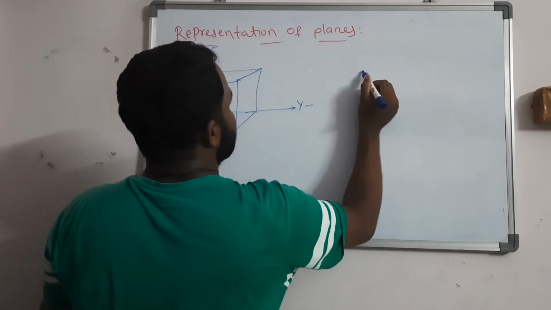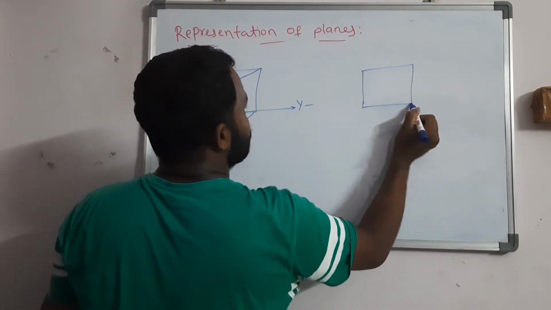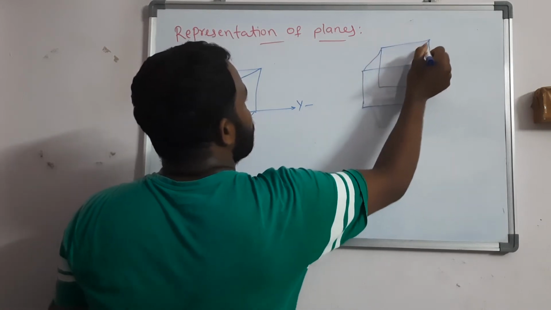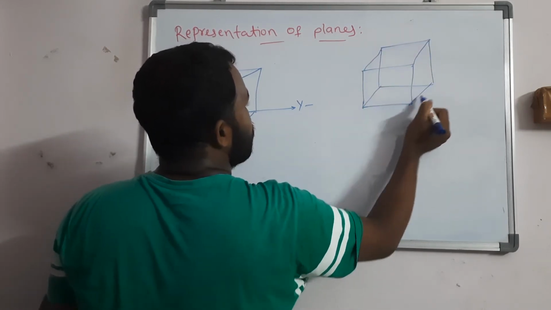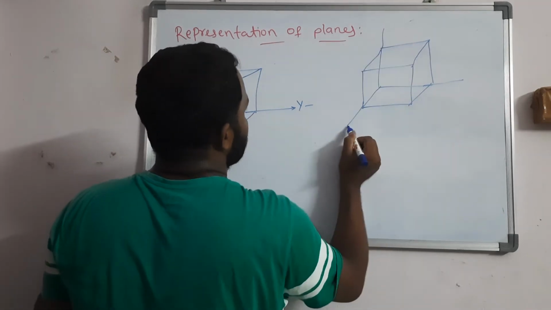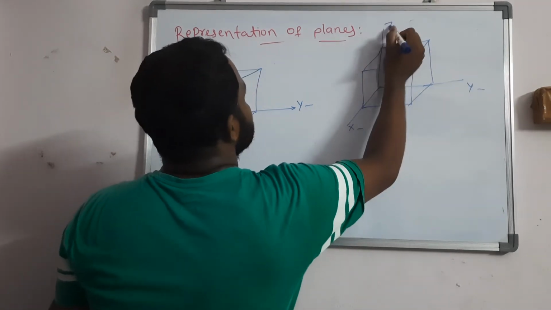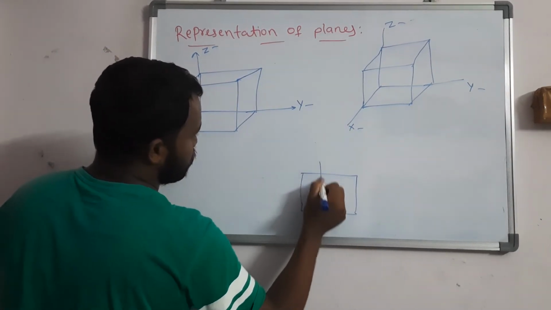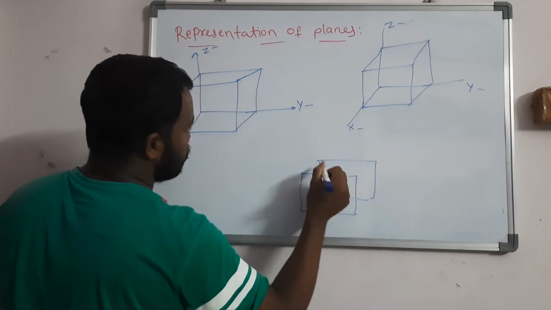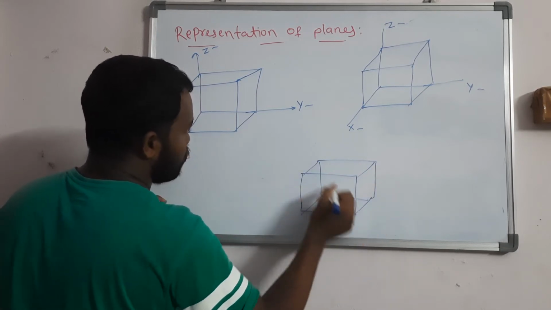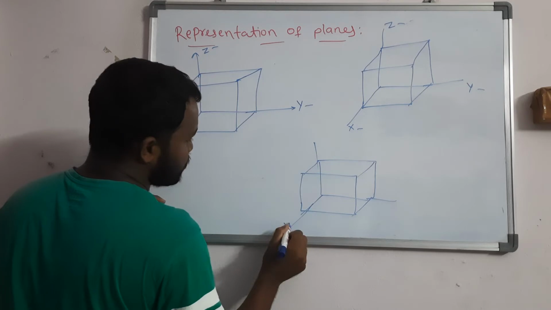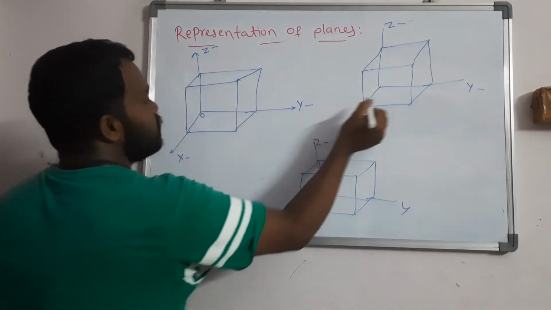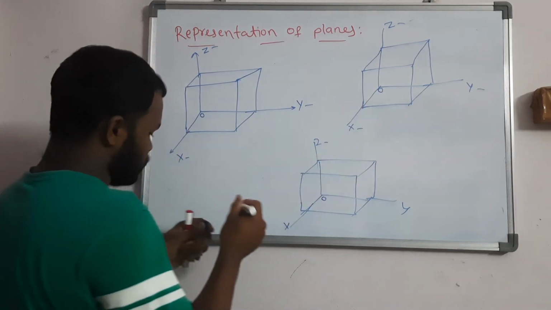One more structure I am writing here. X-axis, y-axis, z-axis, right? This value is 0, this is 0, right?